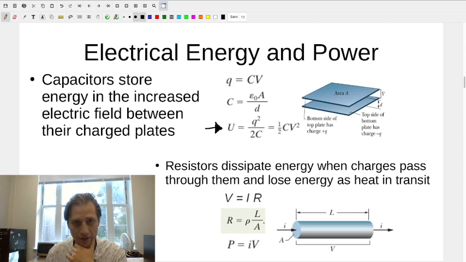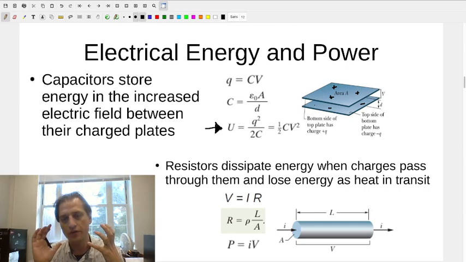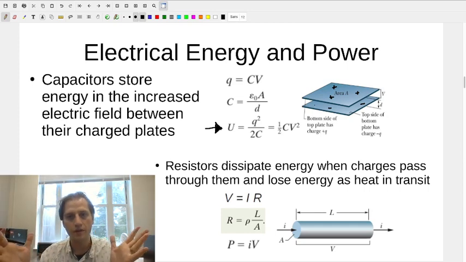Why is that energy being stored? Well, the reason that we have energy stored is that we have plus charges on one of those plates, we have minus charges on the other one of those plates, and between the plates we have an electric field. So you can equivalently think of the energy being stored because we have the charges that can exert forces on each other.